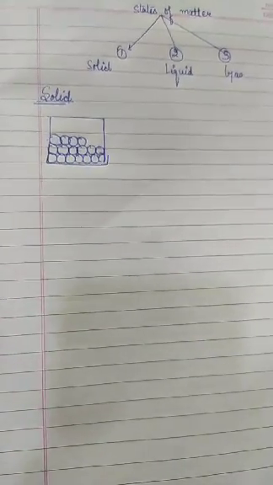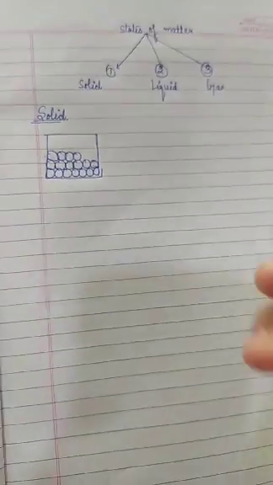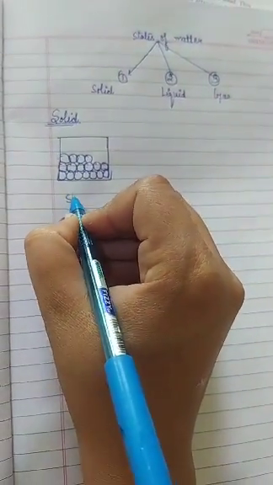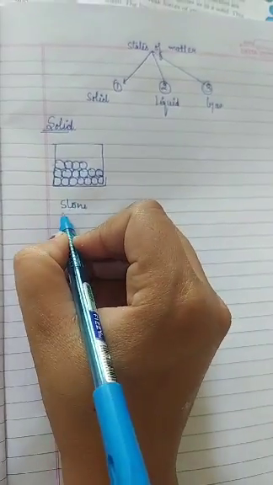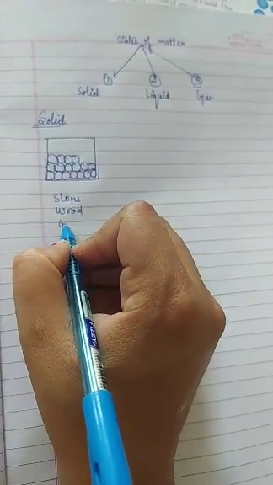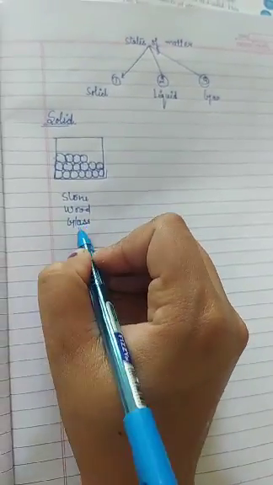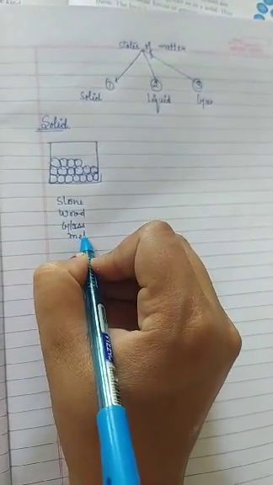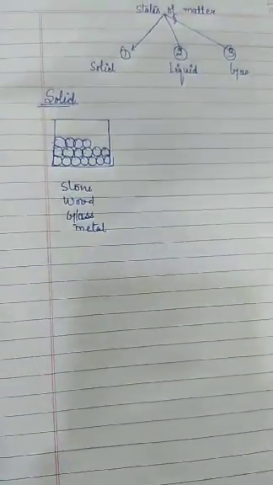Can you give me some examples of it? Yes. Stone, wood, glass. They all are of solid matter.